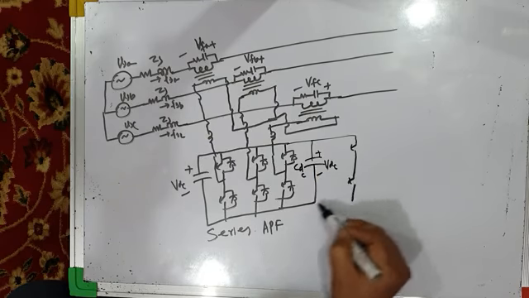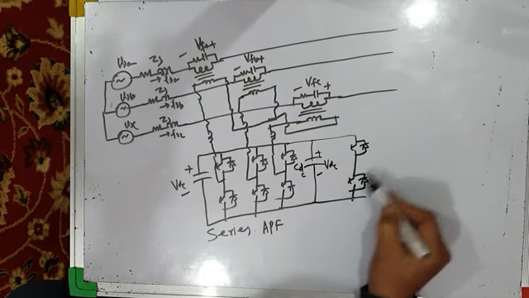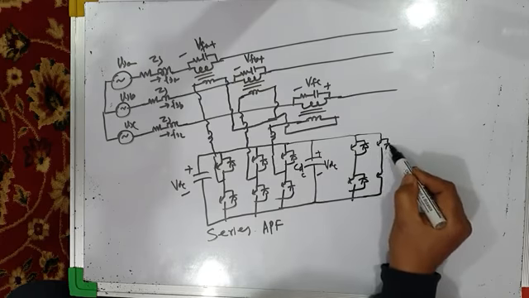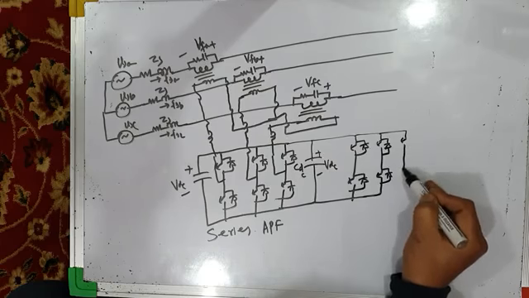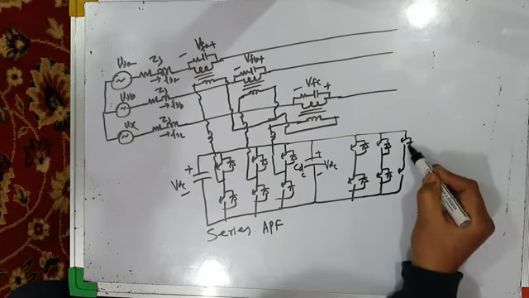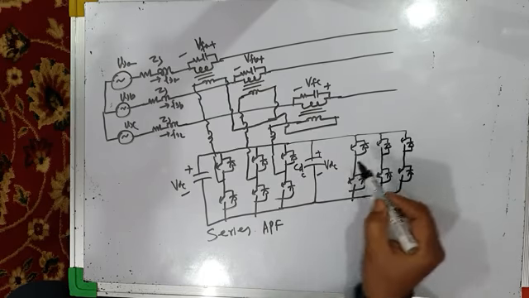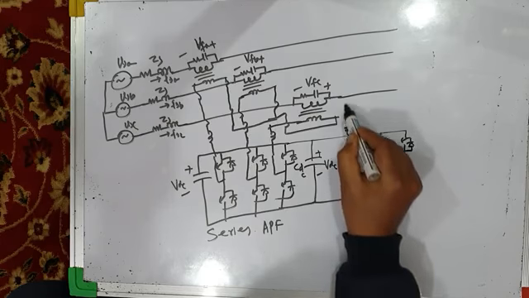Shunt active power filter is just on right side of this series active power filter. And these are the injected currents.